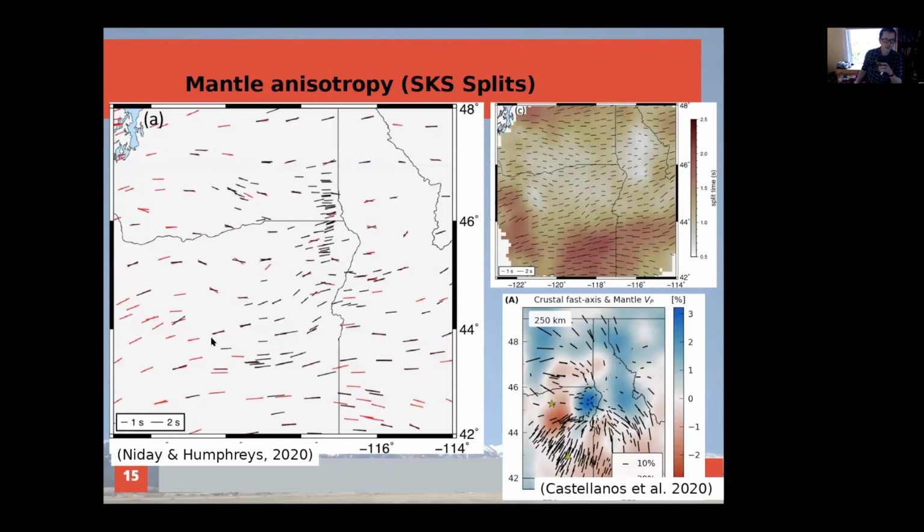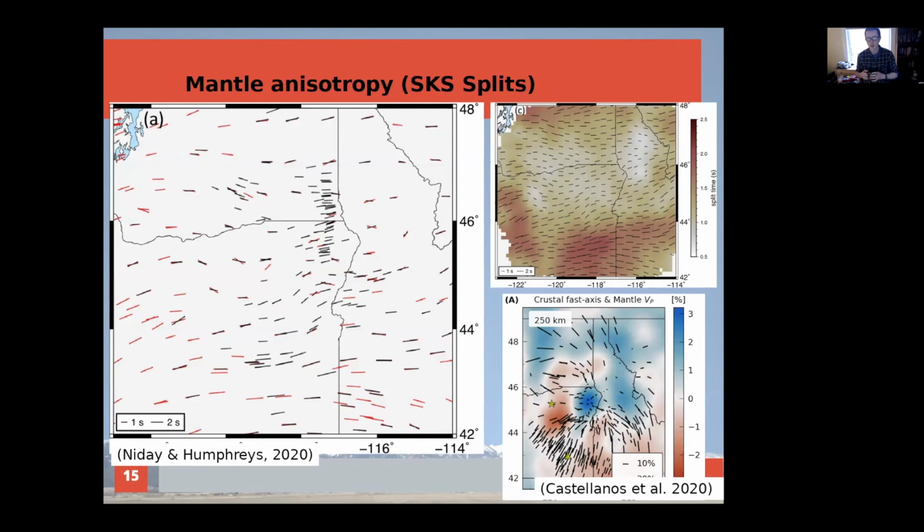Interestingly, the mantle itself does not correlate with the mantle. If you look at the SKS splits, which basically measure an integrated sense of seismic anisotropy within the upper mantle, the seismic anisotropy of olivine in the mantle can be mostly explained by the subduction zone itself.